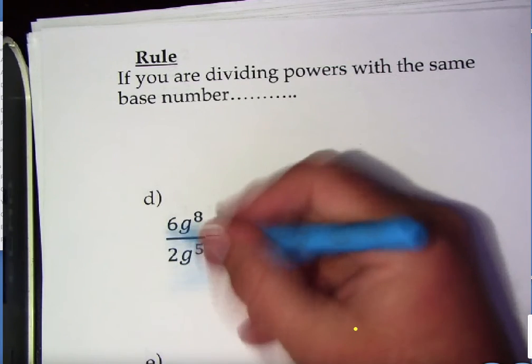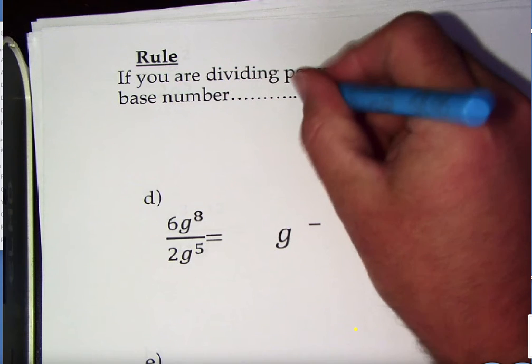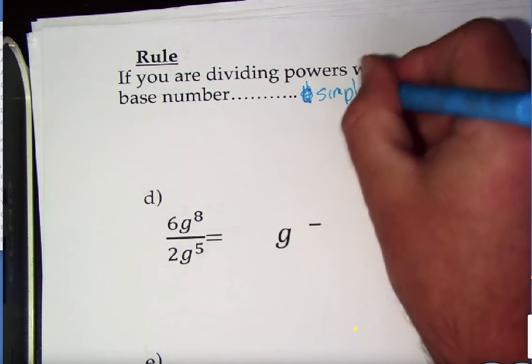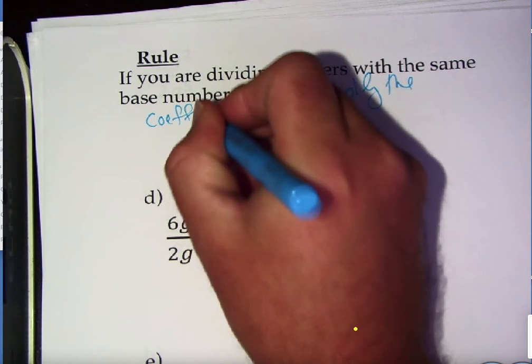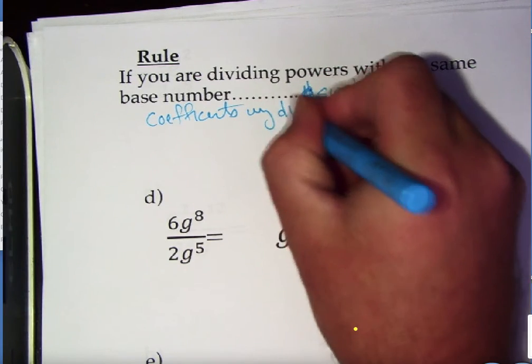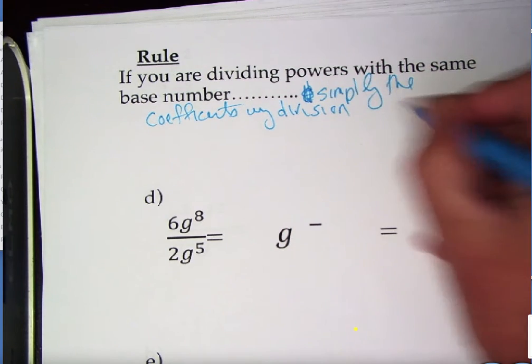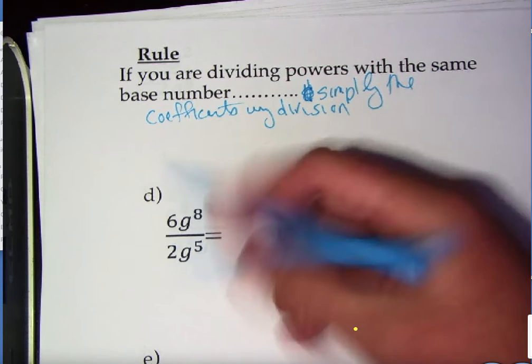What do we do with the coefficients? How about we simplify the coefficients using division, right? Or divide the coefficients.